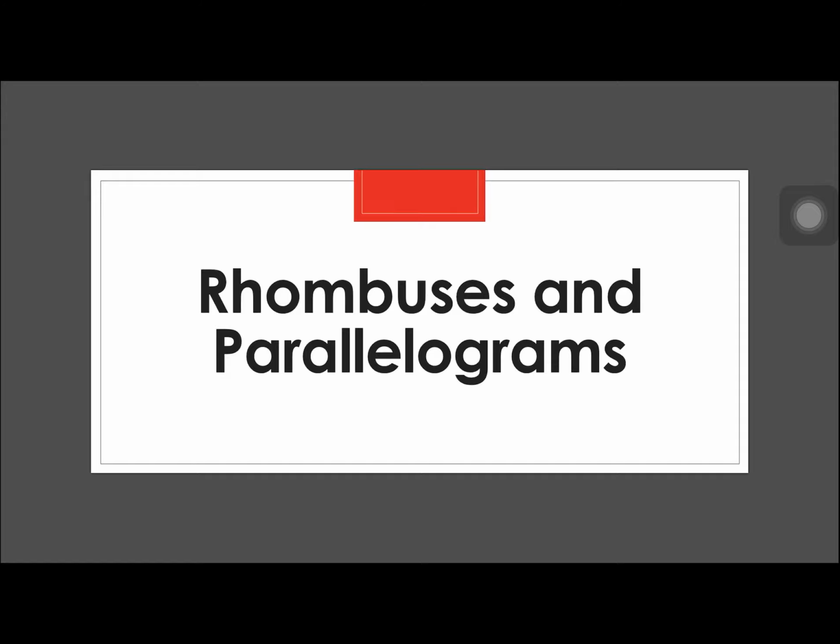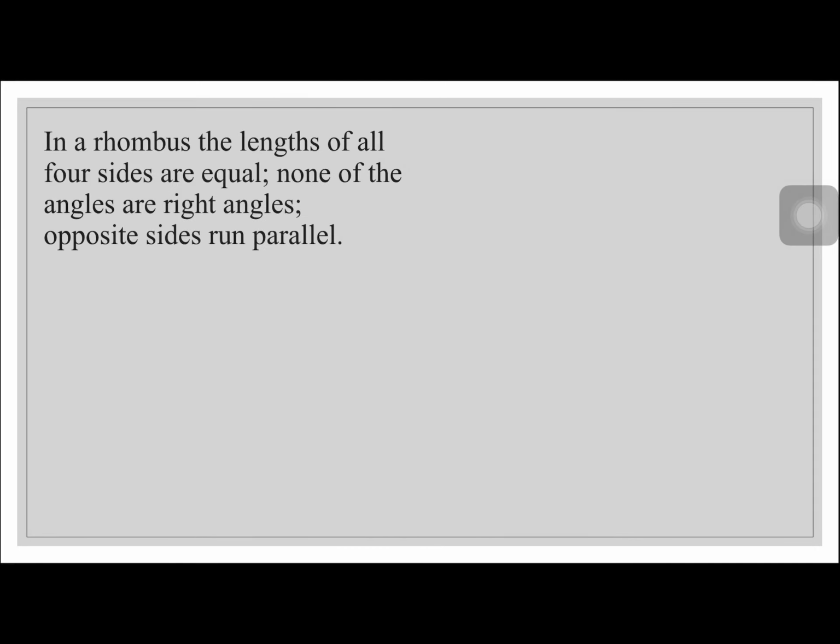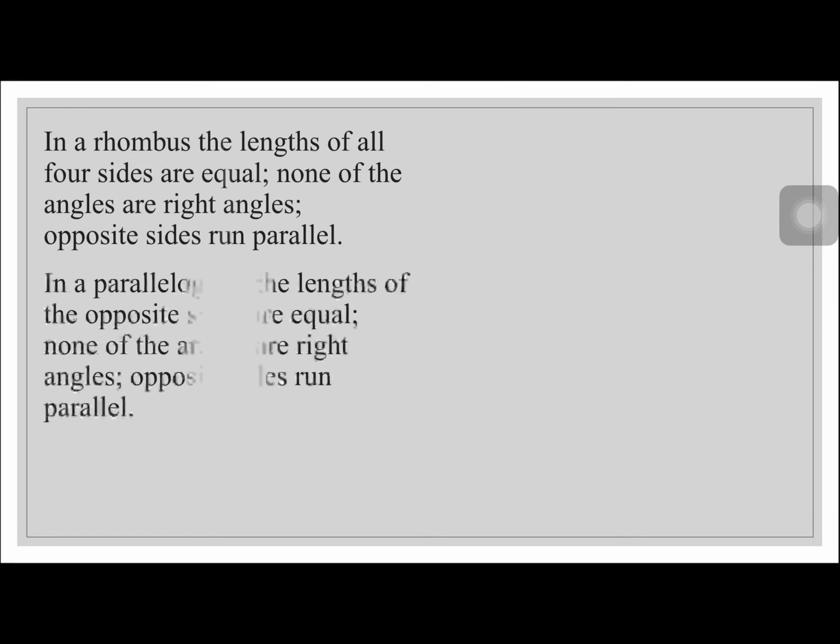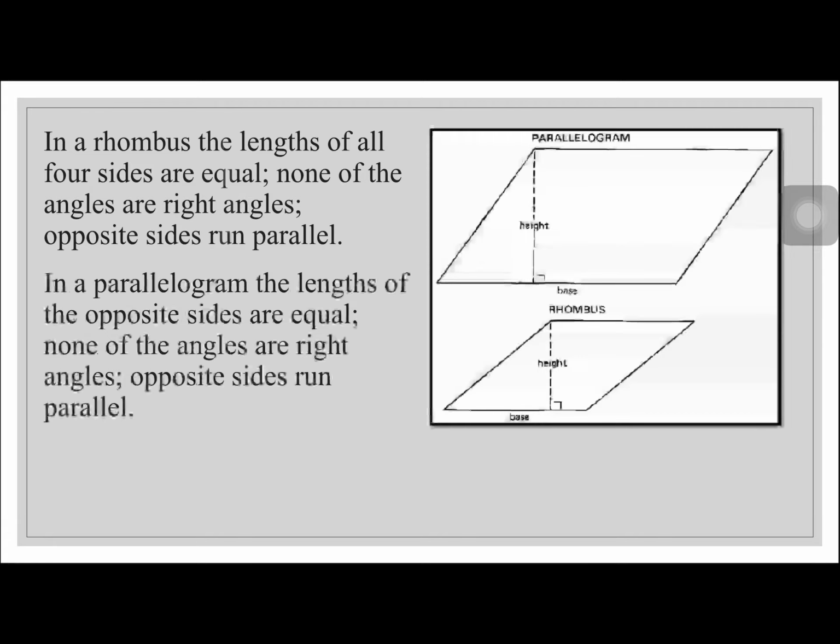Now let's proceed on the surface area of rhombuses and parallelograms. In a rhombus, the lengths of the four sides are equal, and none of the angles are measured in right angles. So opposite sides run in parallel. While in a parallelogram, the lengths of the opposite sides are equal, and yung measurement ng angles nila ay hindi nagme-measure ng 90 degrees. So the opposite sides run parallel, like the example image at the left side.